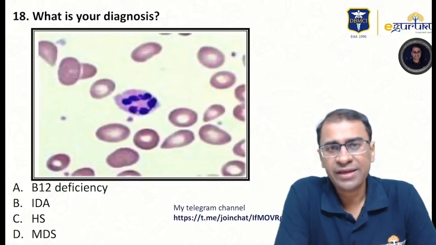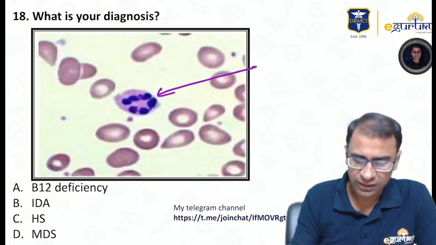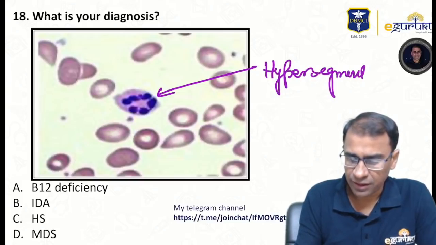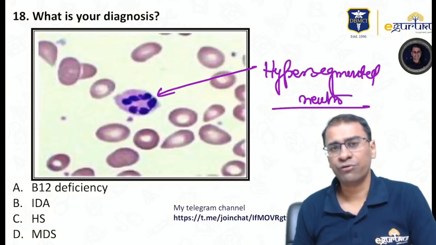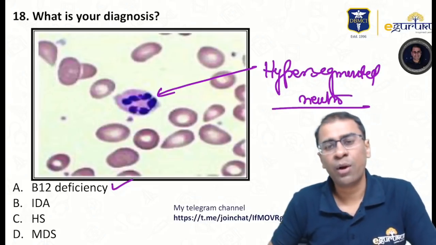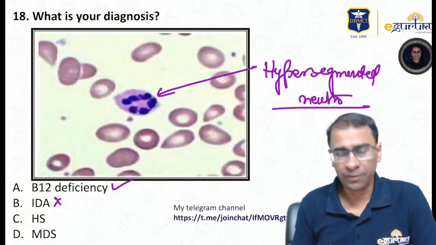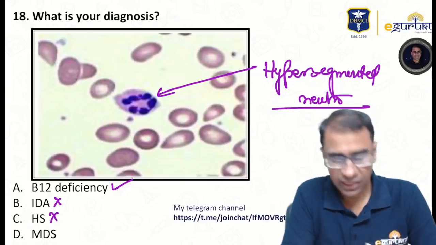Okay, this one. So what is the diagnosis here? This image simply shows you what? Yes, it's a case of hypersegmented neutrophil. Well guys, remember one thing, the hypersegmented neutrophil is seen in B12 deficiency, that is the megaloblastic anemia. Definitely not seen in iron deficiency anemia, and definitely not seen in hereditary spherocytosis.